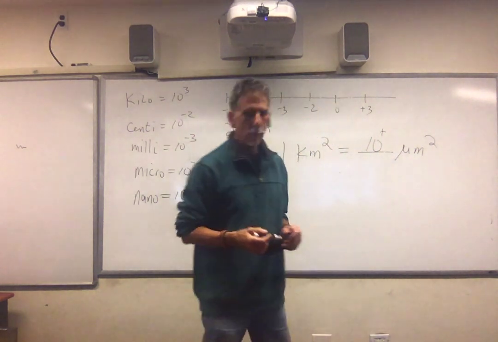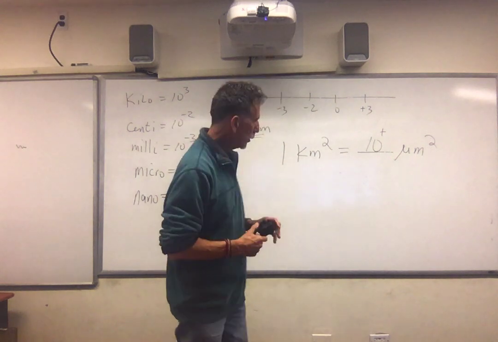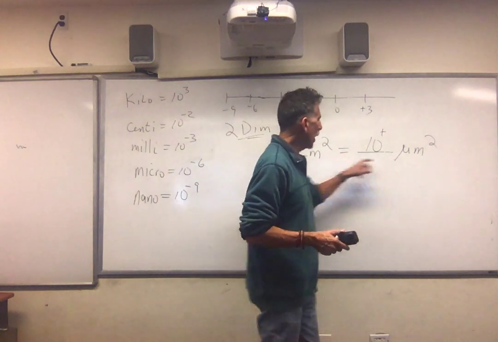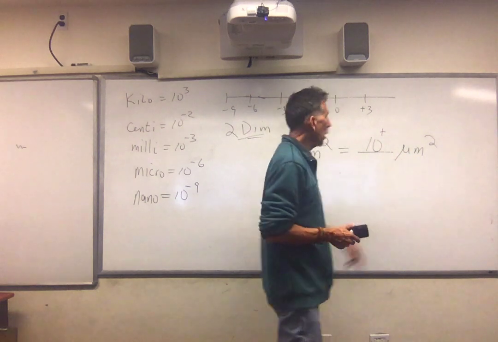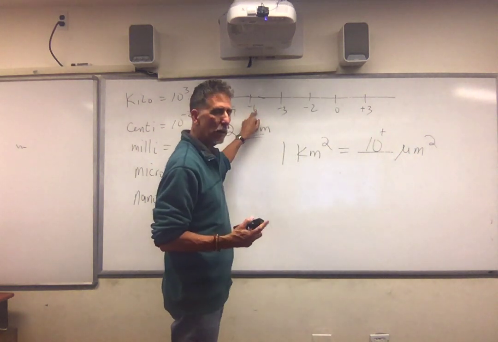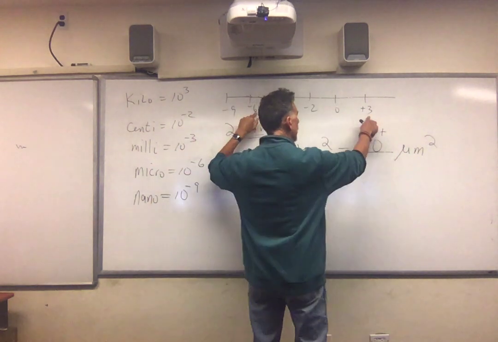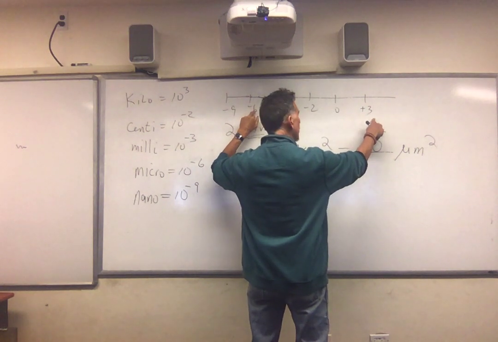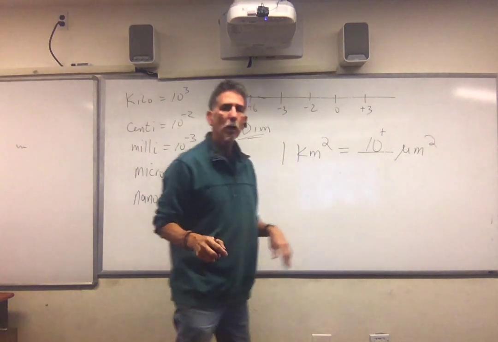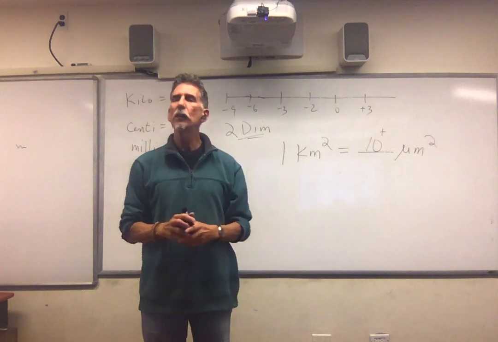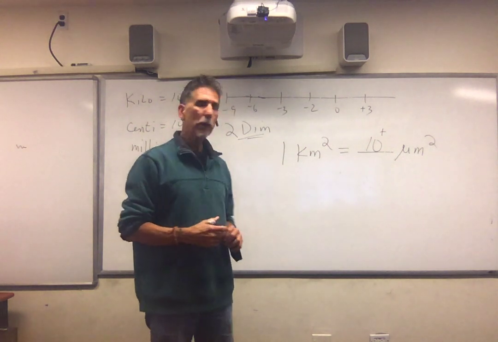And I'm going to do this in one step because we don't want to waste too much time. Let's look at 1 kilometer and 1 micrometer. Micrometer is 10 to the minus 6. Kilometer is 10 to the plus 3. So what's the difference there? There's 9 steps. 1 kilometer is 10 to the ninth micrometers.